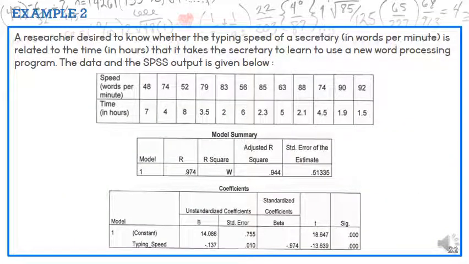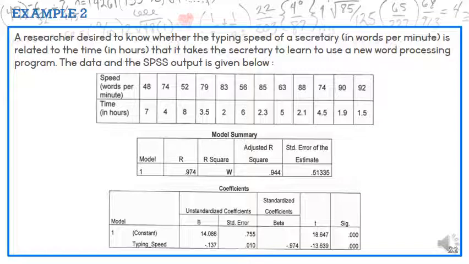In example number 2, okay, a researcher desired to know whether the typing speed of a secretary is related to the time in hours that it takes the secretary to learn to use a new word processing program. So the data and the SPSS output is given below. So dia bagi awak your data, speed word per minutes and time in hours.